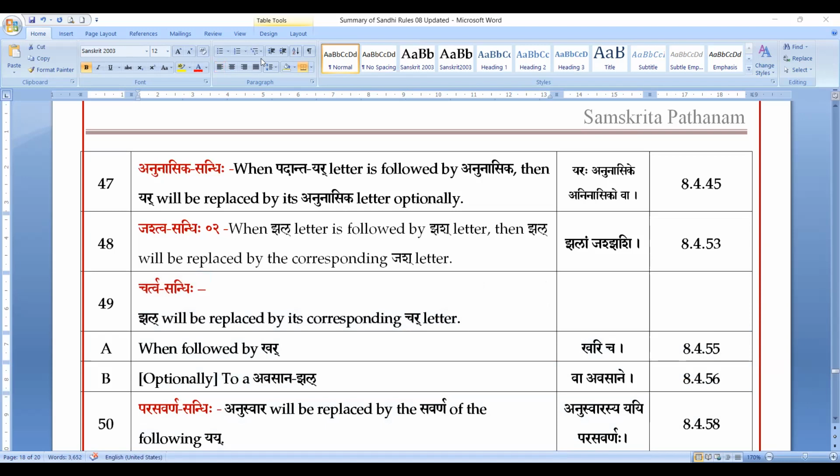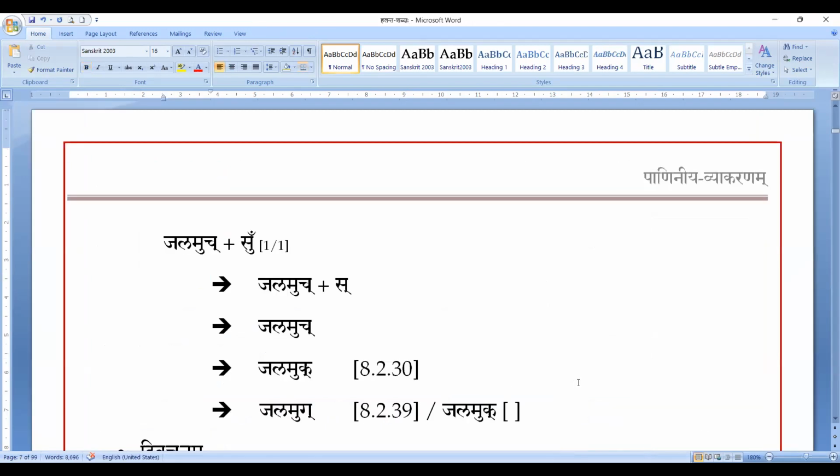Applying that, you get Jalamuk. This is optional, so you have Jalamug or Jalamuk. Understand this?